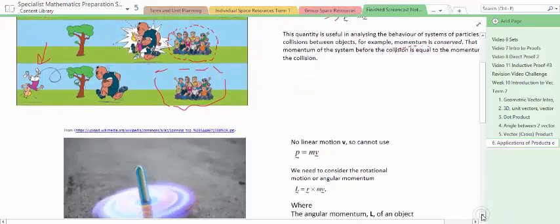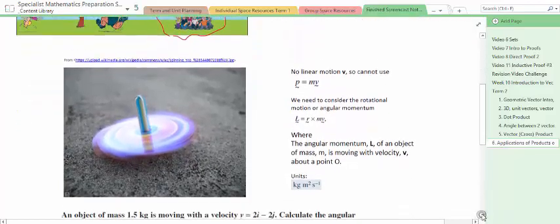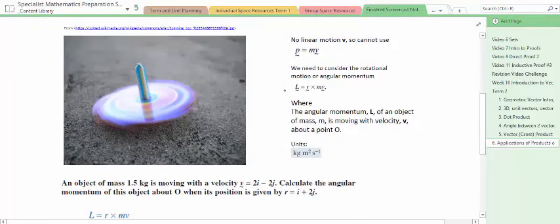Now we've got a spinning top. It's got no linear motion, so it's got no straight line motion. It's spinning there on the spot. So we've got no vector v, so we can't use P equals m times v, the previous relationship. We need something else.